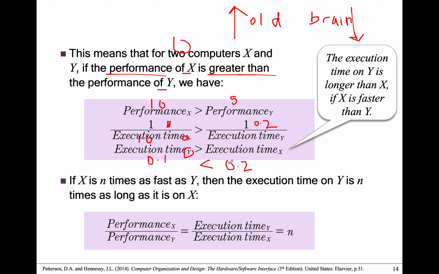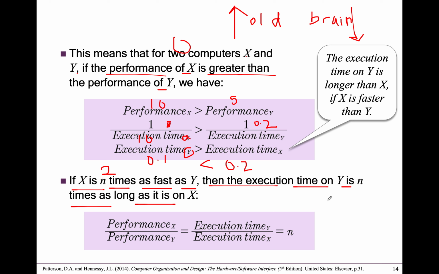Okay. So if X is n times faster than Y, then the execution time of Y is n times longer than X. So let's say I give you an example, we pick any kind of value. If X is 2 times faster than Y, then the execution time of Y is n times longer. So let's say we have 2 times faster, n times faster.